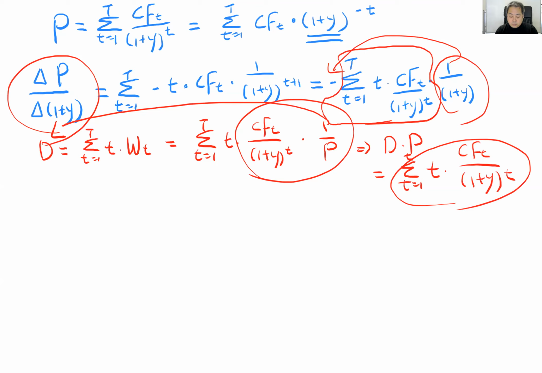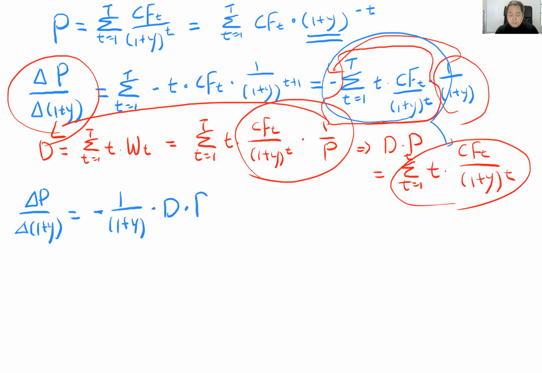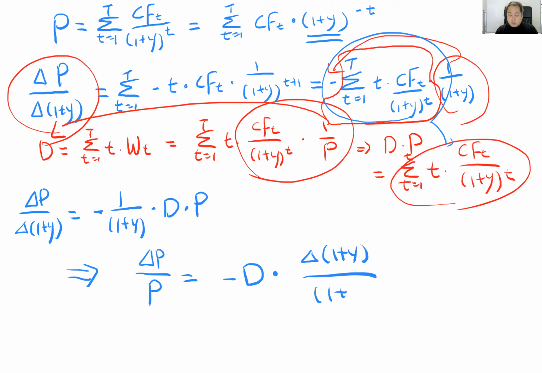So now delta P divided by delta (1 plus y) equals negative 1 over (1 plus y) times this, which is just D times P. So we can rearrange this as delta P divided by P equals negative duration times delta (1 plus y) divided by (1 plus y). So that's the proof of that.